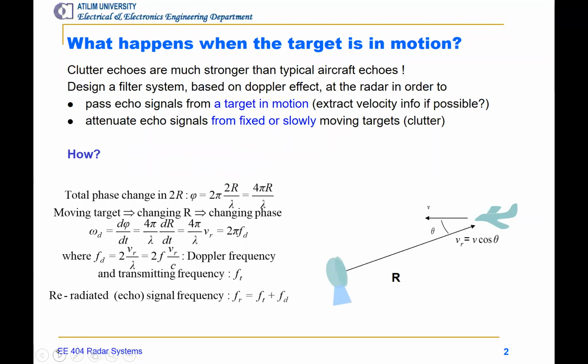Okay, we have studied so far radar range detection, range estimation. Now we are talking about speed, how to detect a target in motion, and how to extract that target speed when there is a clutter, there are objects around the target which are fixed or slowly moving.